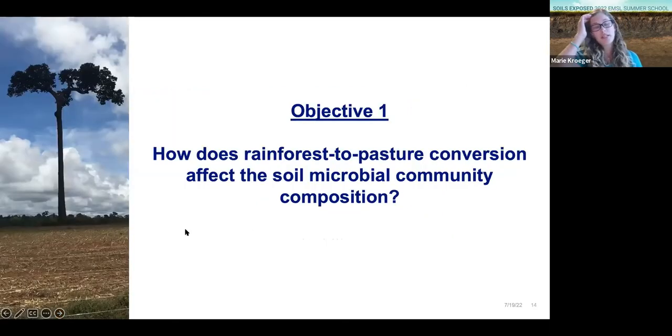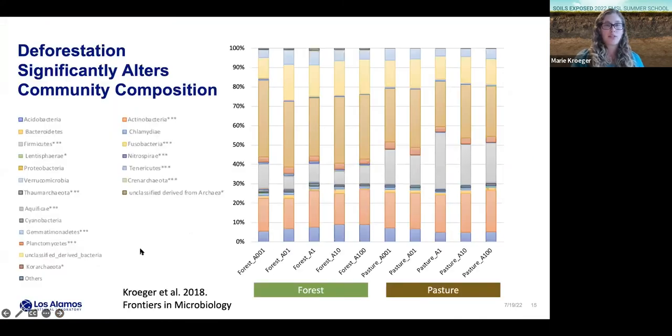For my first objective, I focused on how rainforest to pasture conversion affects just the total soil microbial community composition. To do this, like I said, I used metagenomics. And what I found was that deforestation significantly alters community composition. This is a super simple bar graph showing the relative abundance.